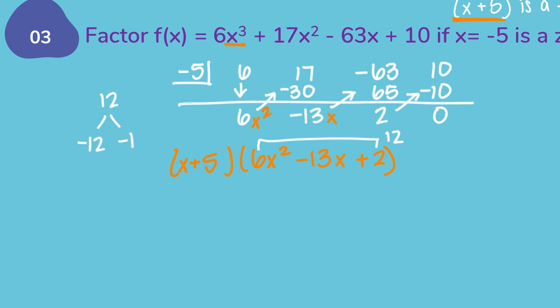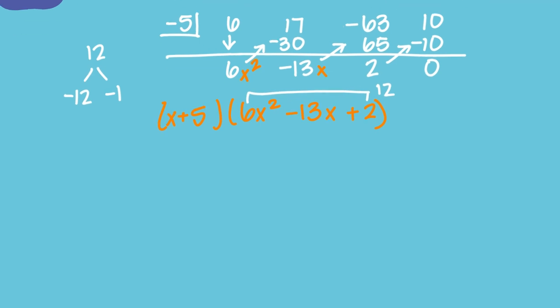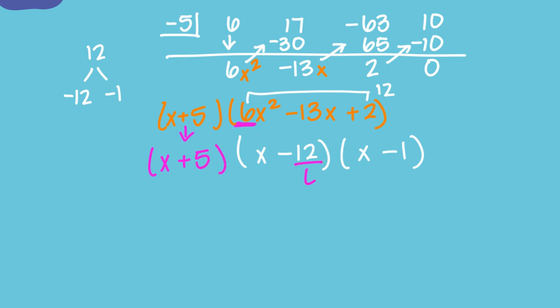You guys have to know how to factor. So right now I'm going to have x minus 12 and x minus 1. Don't forget to bring this one down. And then also don't forget you need to slide and divide. Simplifies to 2 as a whole, so I don't have to slide anything.